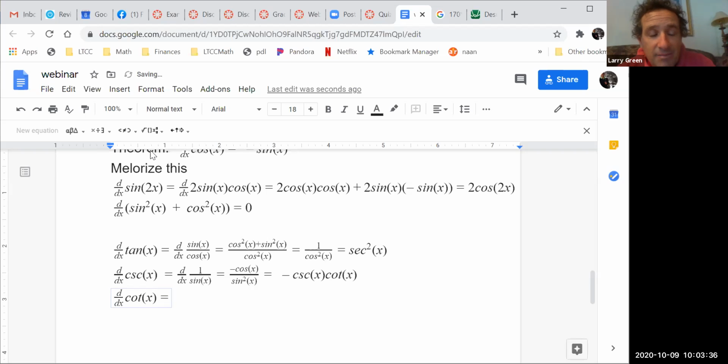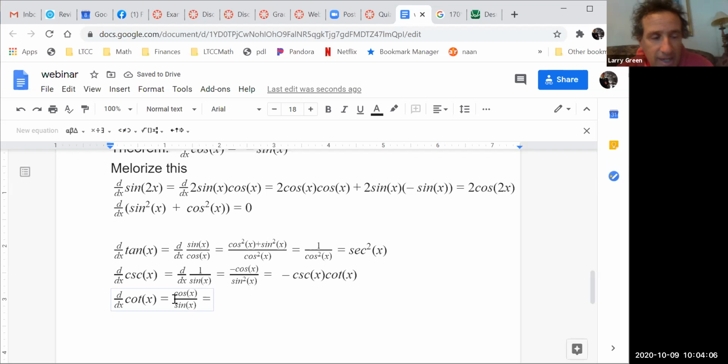By the way, again, I would never do this after Monday, but we have to because we don't know the big, huge theorem yet. There's a giant theorem happening soon. It is V1 in calculus, but we don't know it yet. So we just got to do it this way. So cotangent of x is the cosine of x over the sine of x. And that you should know.